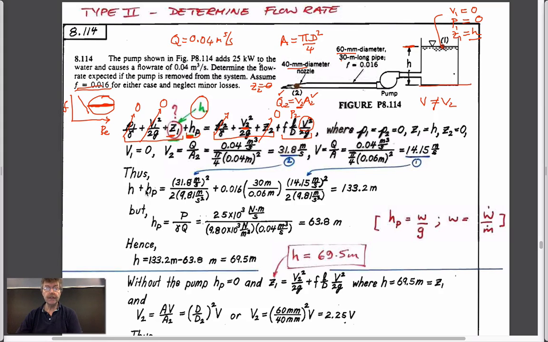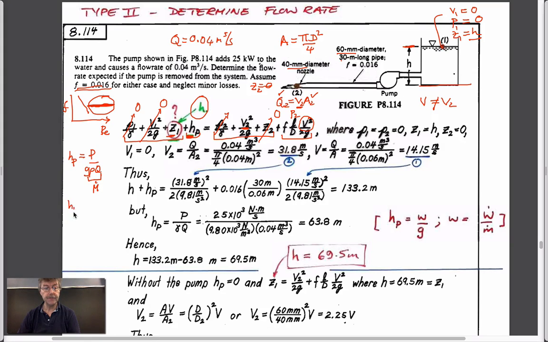We also know the value of the pump head. So what do we know? Pump head is equal to the power, which we've sometimes called it, I'll write it both ways, power divided by g times rho times Q. This, of course, is the mass flow rate, m dot.